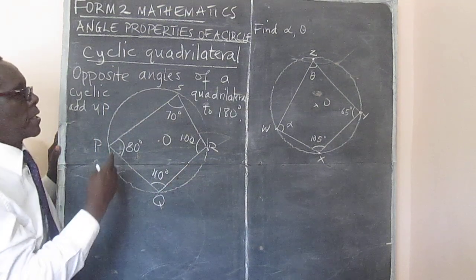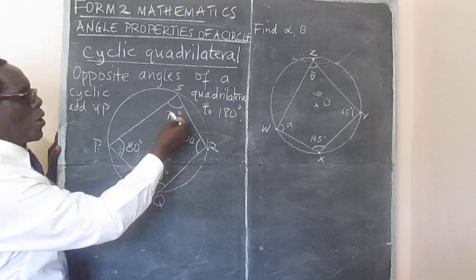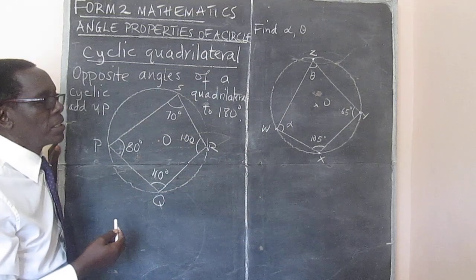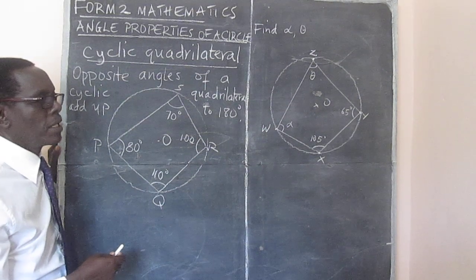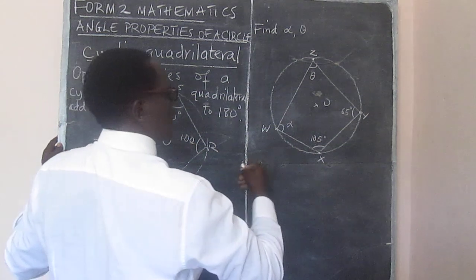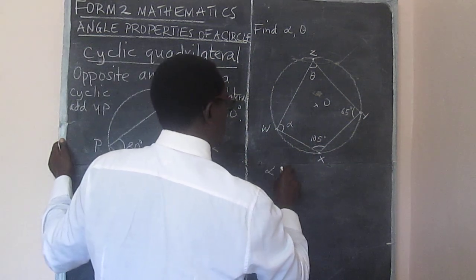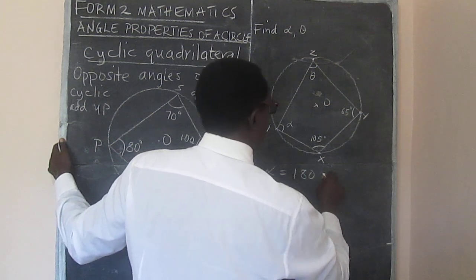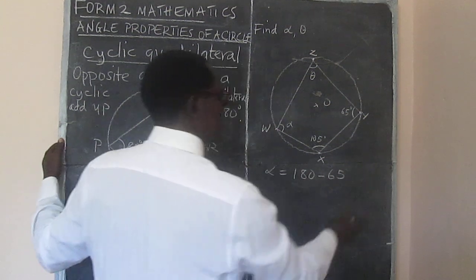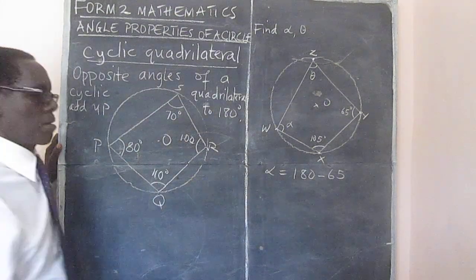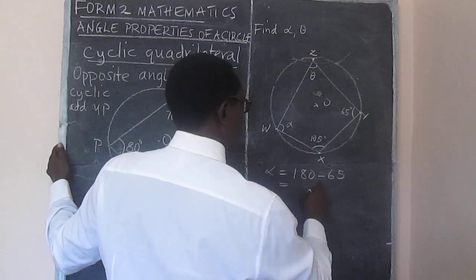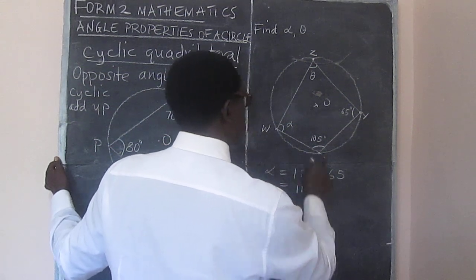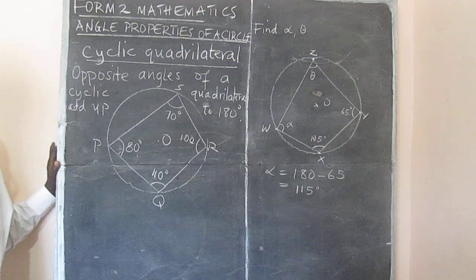We know that in a cyclic quadrilateral, opposite angles add up to 180. So we apply that straight away, and therefore we can see alpha is equal to 180 minus 65, which gives us 115 degrees. So this is 115 degrees.